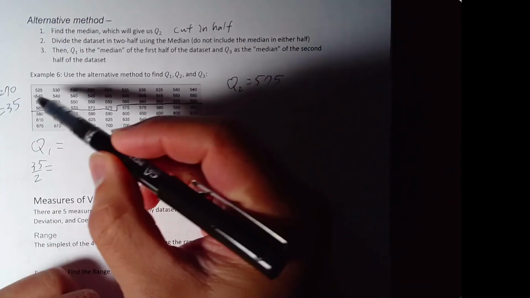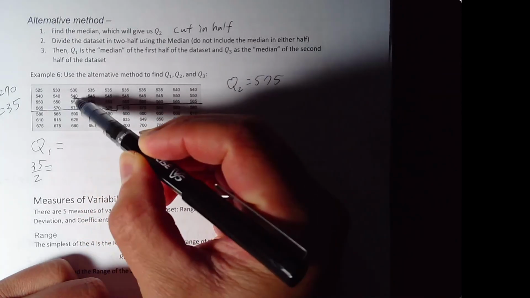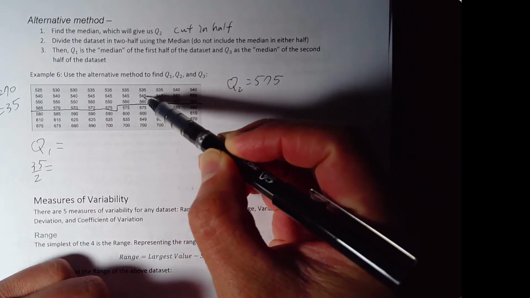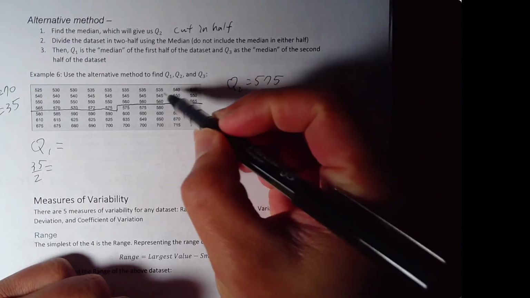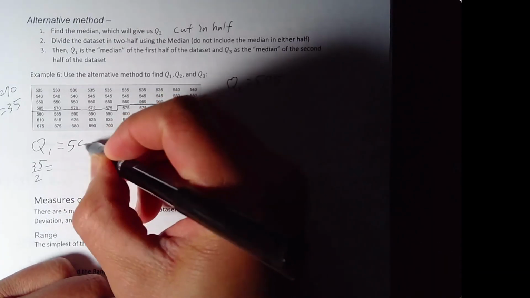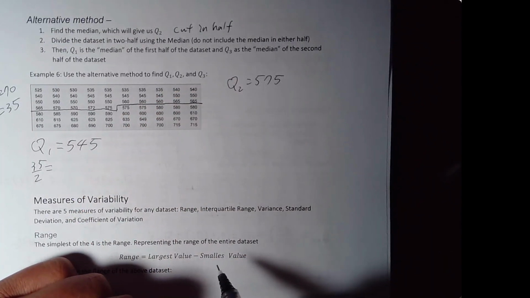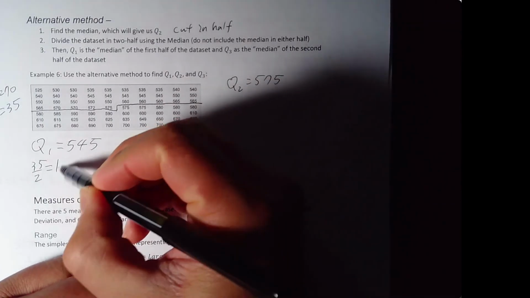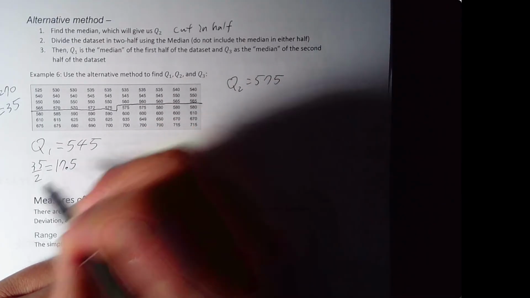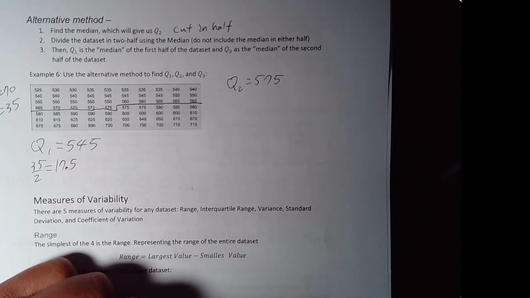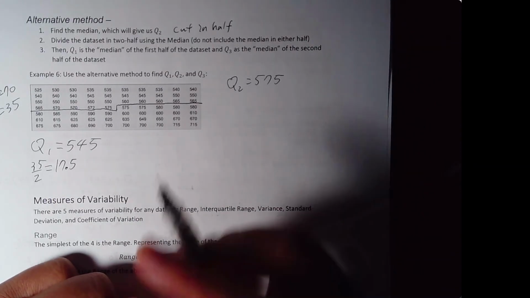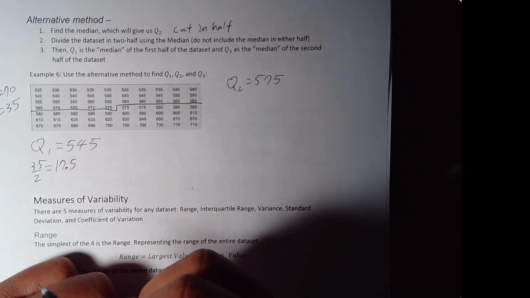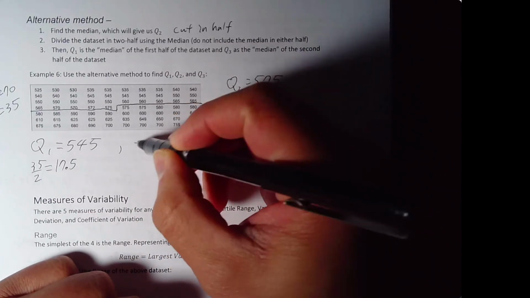So I count: 1, 2, 3, 4, 5, 6, up to 17, 18. 545, that's going to be my Q1. Since 17.5 tells me the median is the 18th position, because my sample size is an odd number. Very quick.